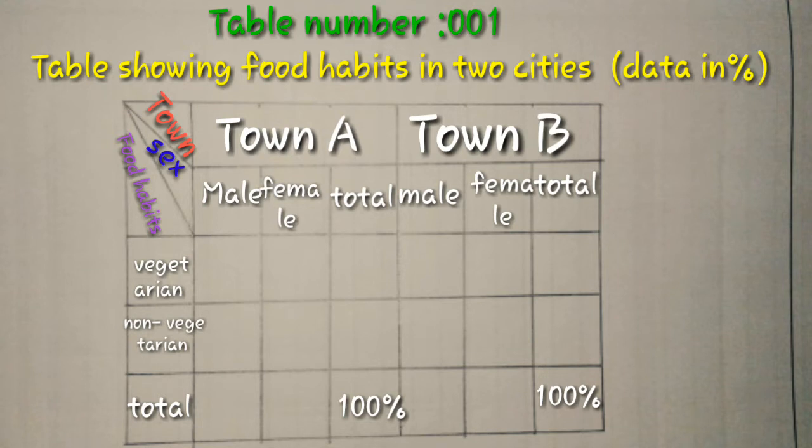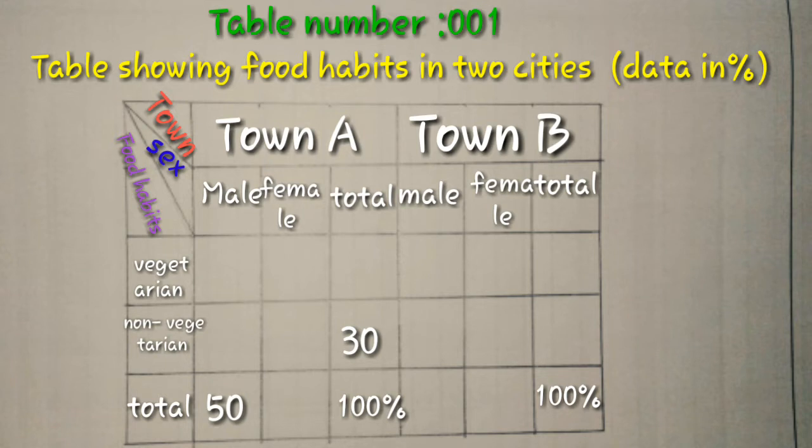As per the question, town A has 50% males, so let us write total males as 50%. Then the question says 30% were non-vegetarians. Here 30% includes male and female, so let us write the total 30% as non-vegetarians.